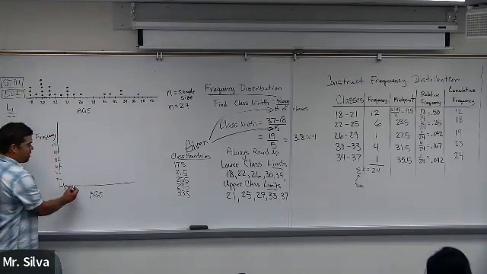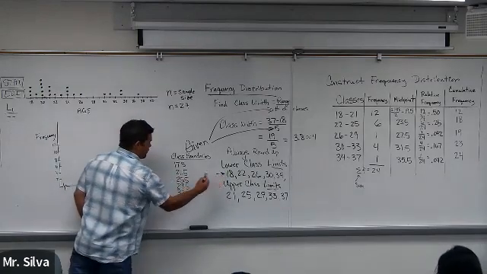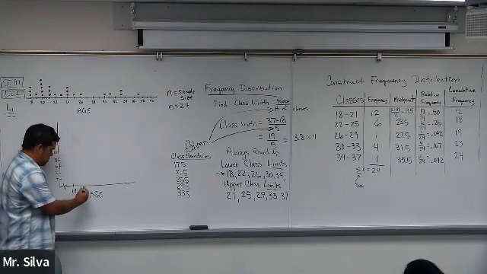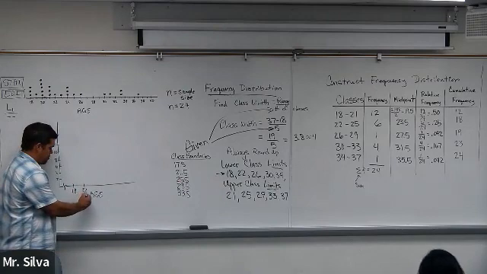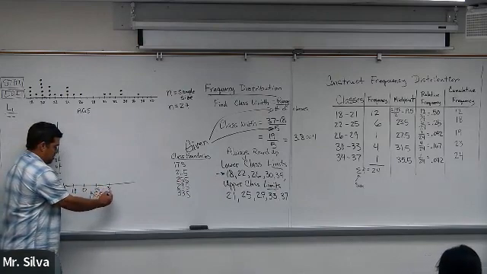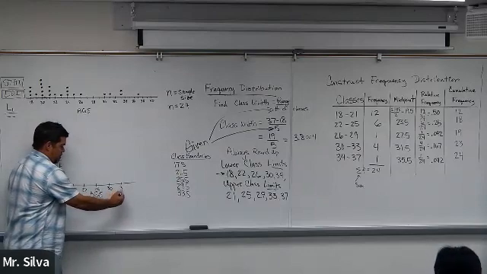Then age, I'm only going to put the lower class limits on there. I'm only going to use these numbers right there. My first number is 18, 22, 26, 30, 34.